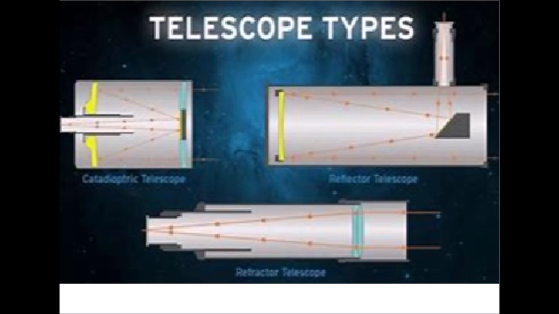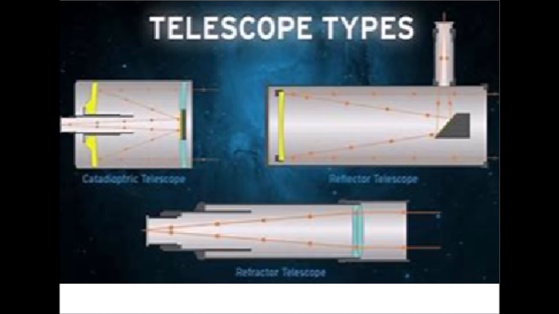If you can buy only one telescope to see everything, yes, you can buy an 8-inch Newtonian telescope. You can see everything with that one. When I come to the Newtonian, we will talk about that.